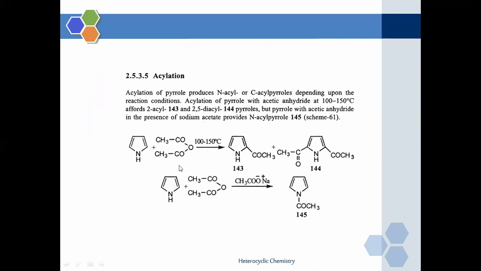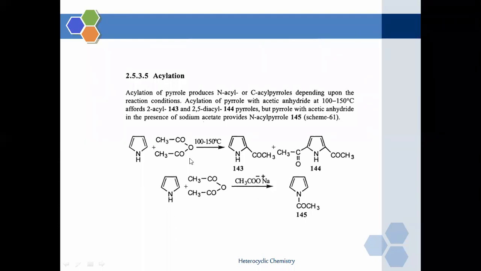And if we take pyrrole with acetic anhydride in the presence of a salt, that is sodium acetate, this will allow the formation of a buffer system, that is acetate buffer. That means when pyrrole is in the presence of acetate buffer solution, an N-acyl product will be formed. So two types of products are there depending upon the reaction condition.